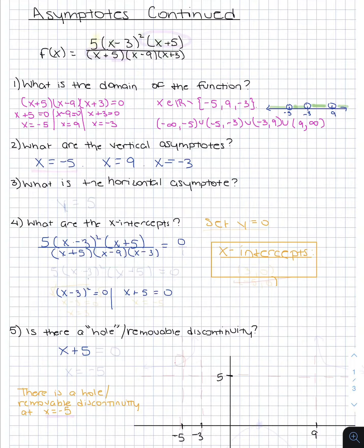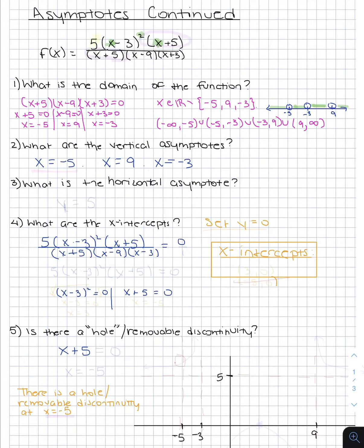If we want to find the horizontal asymptotes, we have to think about the degrees of the numerator and the denominator. If we take a look, we have an x that is being squared and another x that is being multiplied to it. So we have an x squared times another x.